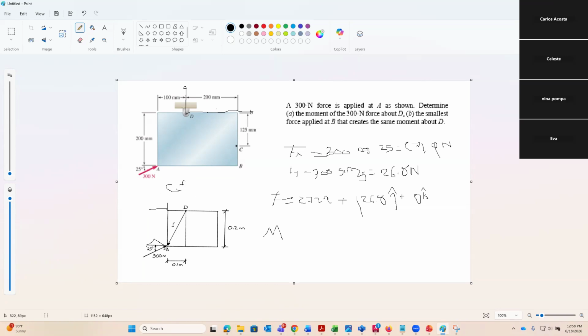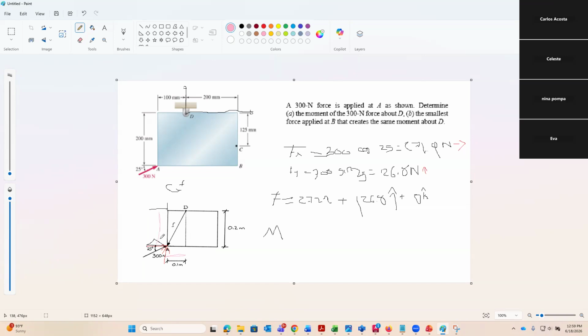So if you have a force, this one is the component in y, this one is the component in x. And you have a force where the component in x is right here. That force will have a distance of 0.1 meters, and it's making it rotate clockwise. So that moment is negative.